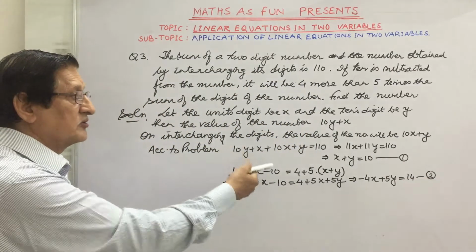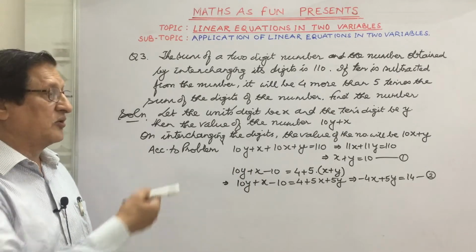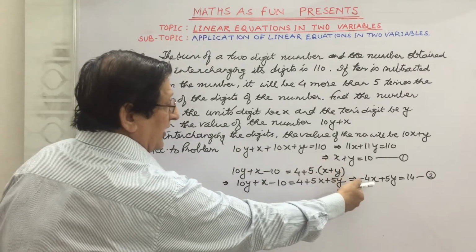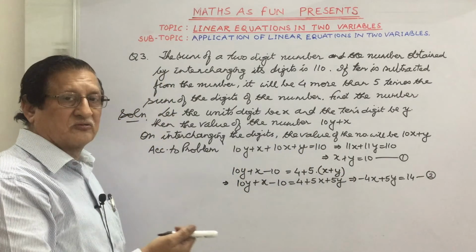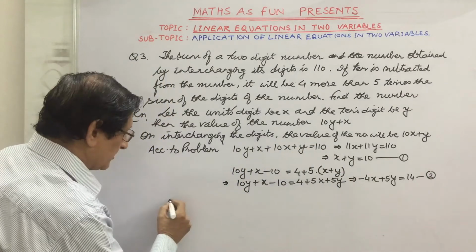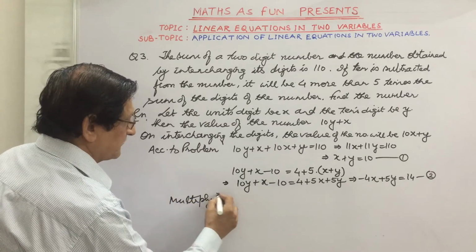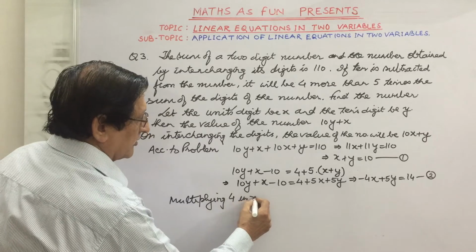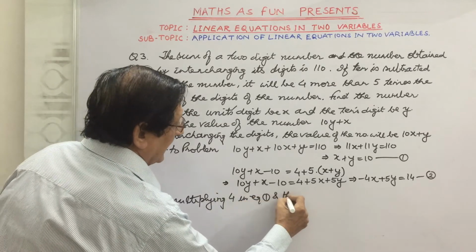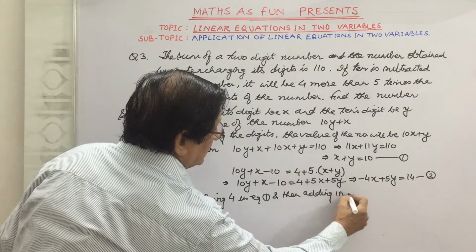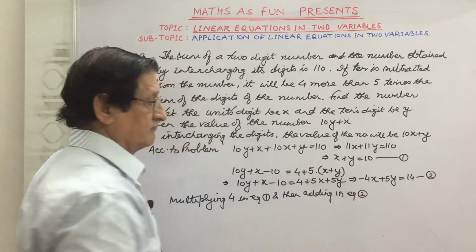Now we have to find out the solution of them, and we can do it by elimination method. If we multiply equation number 1 by 4 and add into this, x will be eliminated. So we can write, multiplying 4 in equation number 1 and then adding in equation number 2.